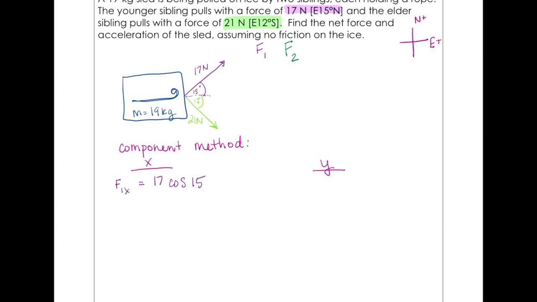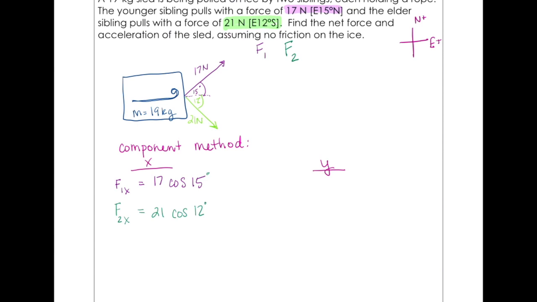So that is basically this line right here, and then for the y, it'll be this line. We're doing SOHCAHTOA just like we did previously. And then for the second force, that's going to be equal to 21 times the cosine of the angle 12 degrees.